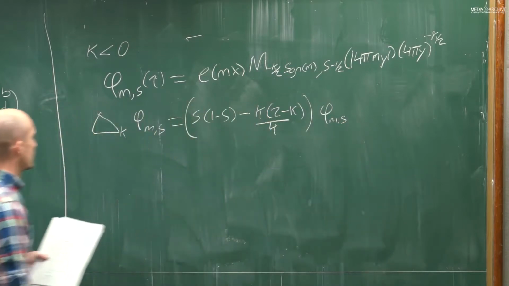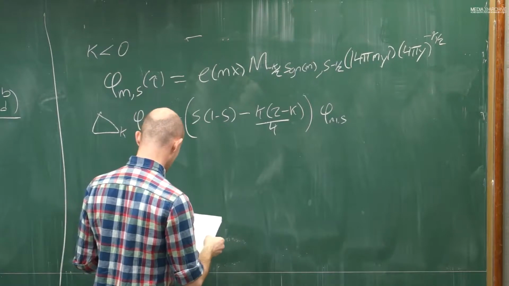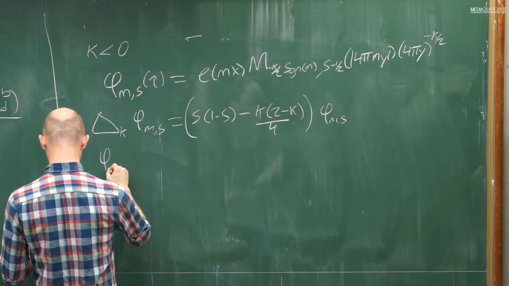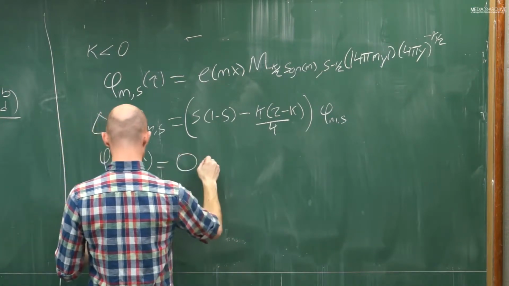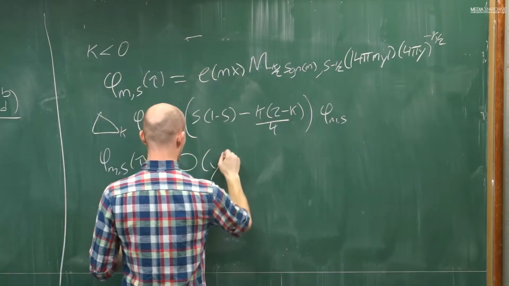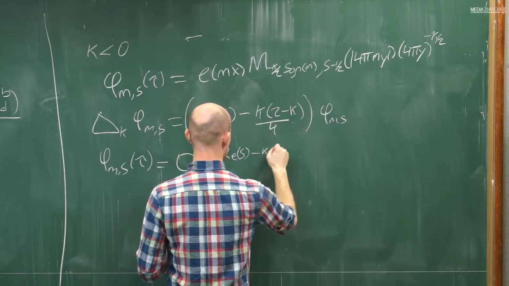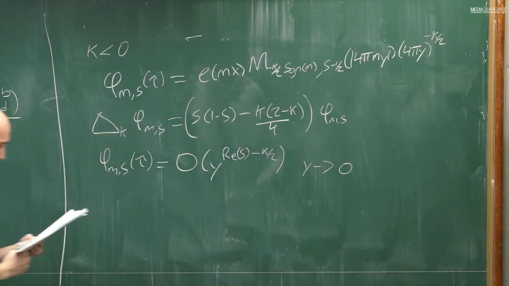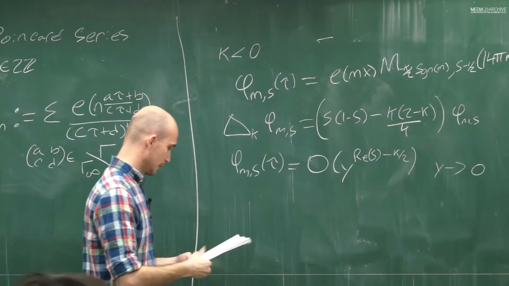It also decays fairly rapidly. So phi of m,s of tau is equal to big O of y to the real part of s minus k halves as y goes to 0. And this part is what we need so that this averaging will converge absolutely.